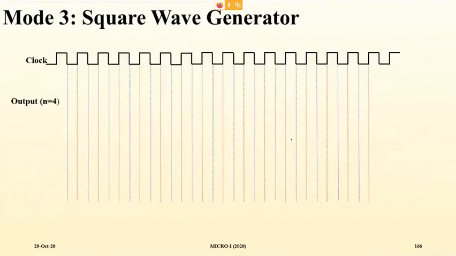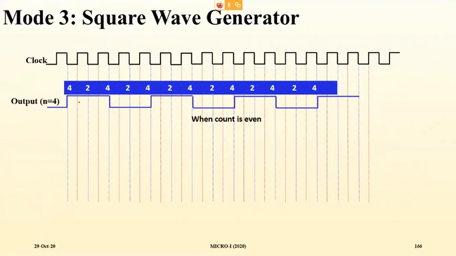So let us see. For an even count, it is not that difficult. For each clock period, this is one clock period from here to here. You can take any clock period. Remember, in the last class also I told you that in the whole 8254 system, the count or the output changes its state when the clock goes from high to low.